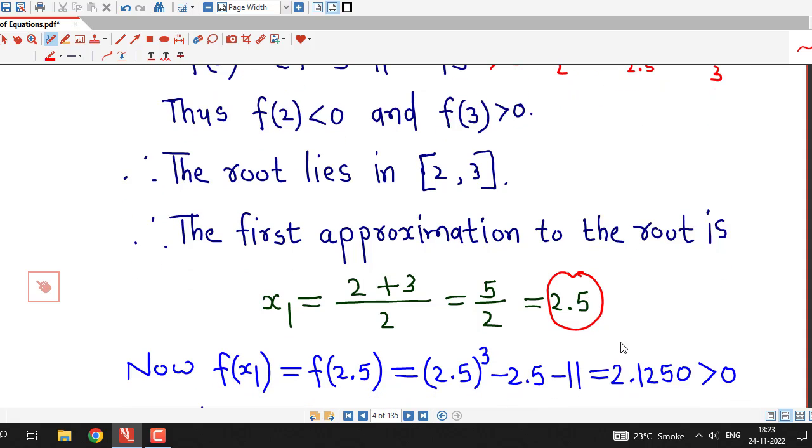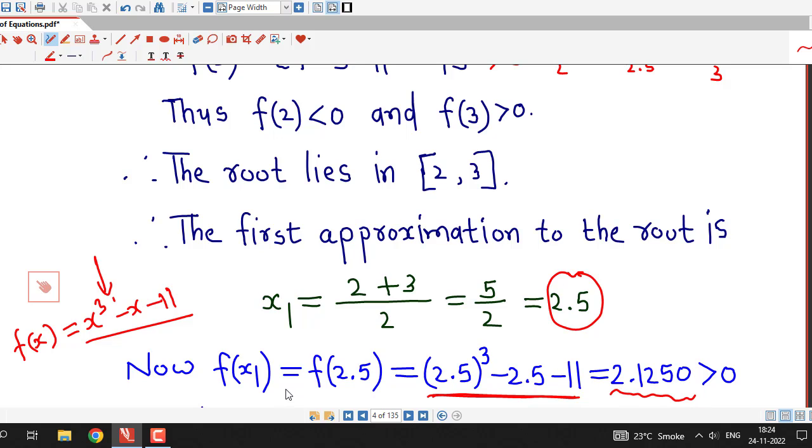So I have calculated f(x1), which is f(2.5), using this formula of given function, x cube minus x minus 11. Here I put x equal to 2.5 and I find that it is positive. f(x1) is positive. So f(2.5) is positive and it is the average of these 2 points, 2 and 3.